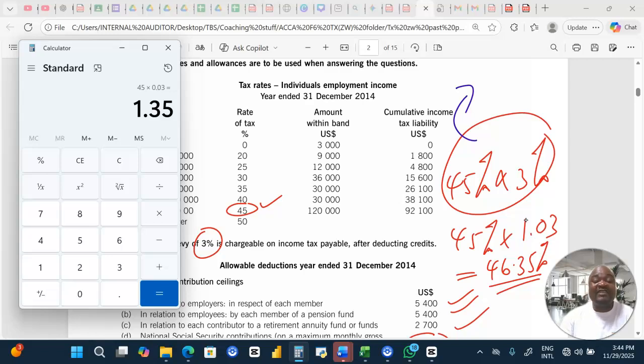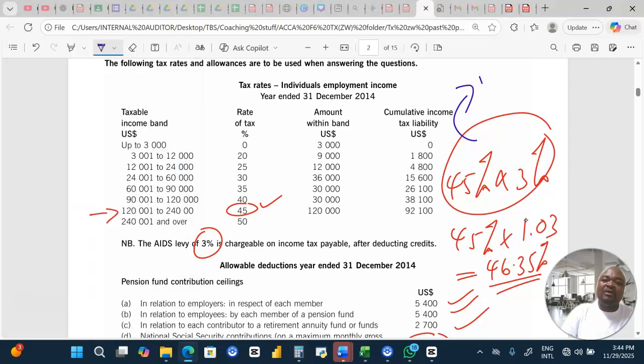That's 1.35%. And that is now the percentage which should be added to the 45%. So if you add 1.35 to 45, you are going to get 46.35%, which is the same as this amount.